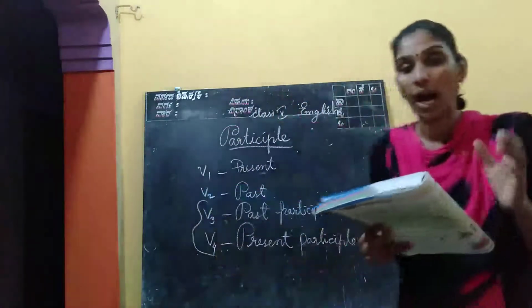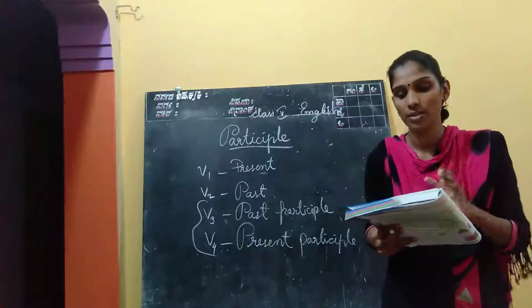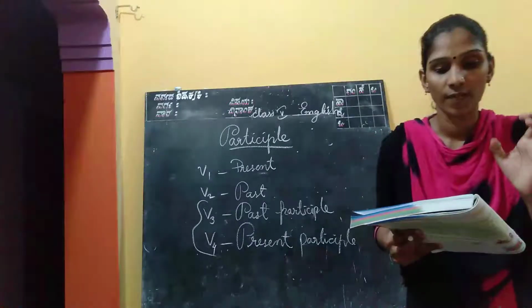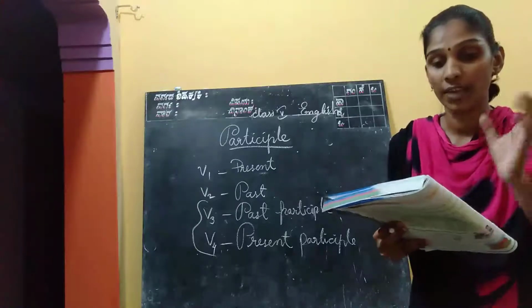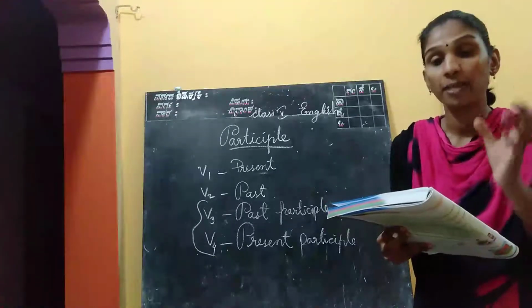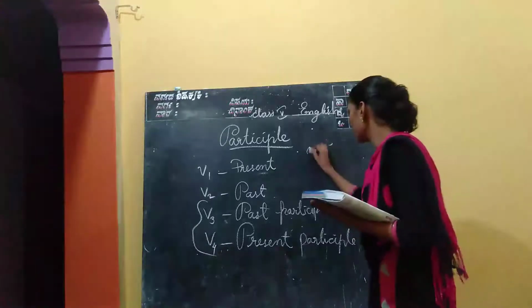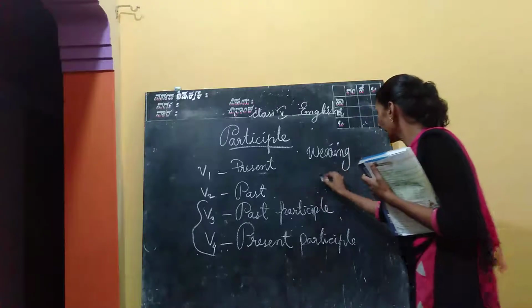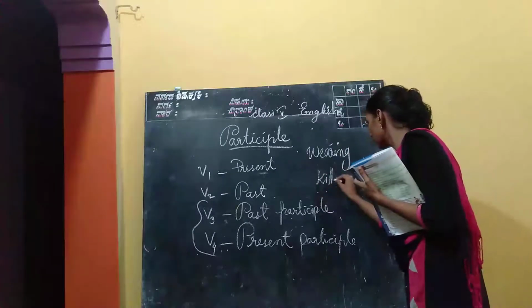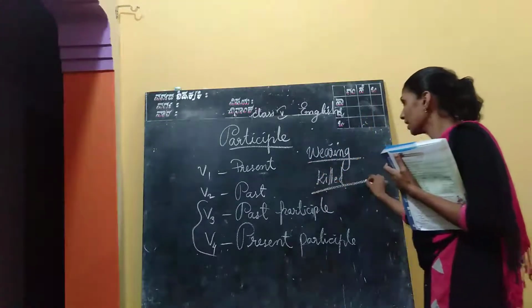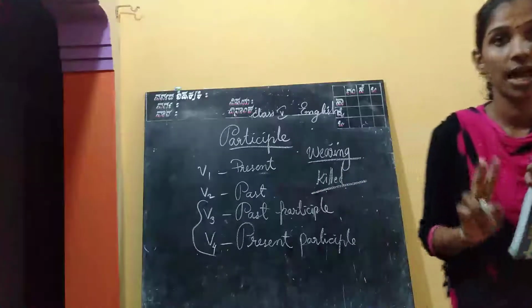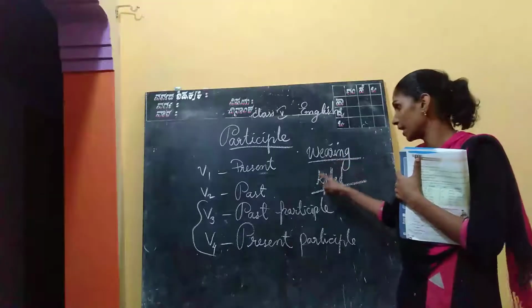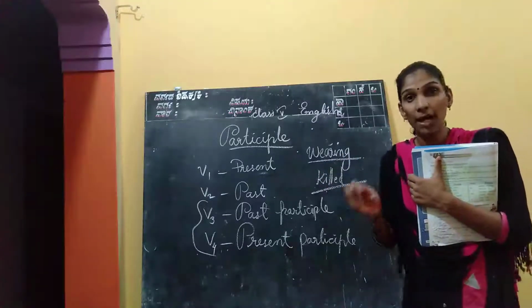Here, the words wearing and killed are participles. These two words, wearing and killed, are participles.